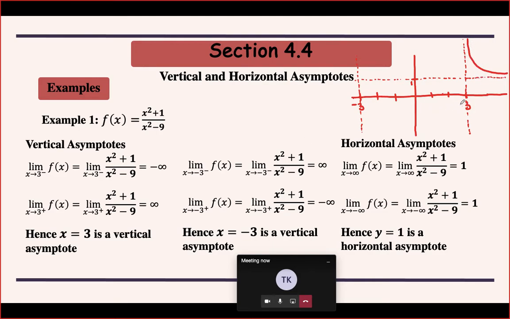Then let us move to this region in between minus 3 and plus 3. So here you again have two asymptotes. One is your y equals 1 and the other one is the line x equals 3. Now as you approach 3 from the left side of 3, your function is moving towards minus infinity. So it would be actually going down. Okay, and here you do not have any values of x becoming infinite.